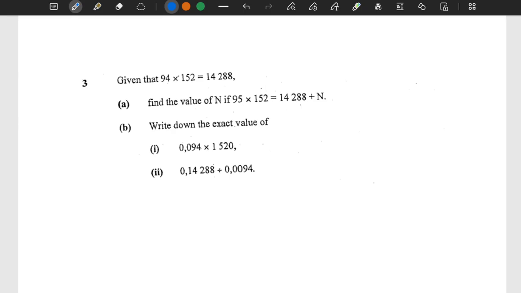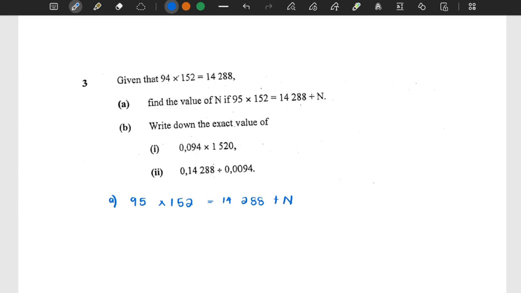Then the next question says, given that 94 times 152 is 14,288, find the value of n if 95 times 152 is equal to 14,288 plus n. So we have 95 times 152 is equal to 14,288 plus n.